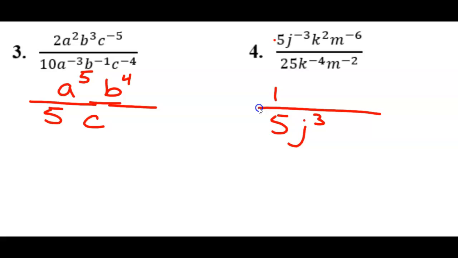Okay, I've got k's, I've got 2 and negative 4. K will end up on top, and what's my number gonna be? Because this is gonna be k squared, and then if I move this up top, I'm gonna have k to the 4, so I'm gonna have k to the 6. What about my m's? Where's the bigger number, negative 6 or negative 2? Which number is bigger? Negative 2, because that way J owes me less money, right?